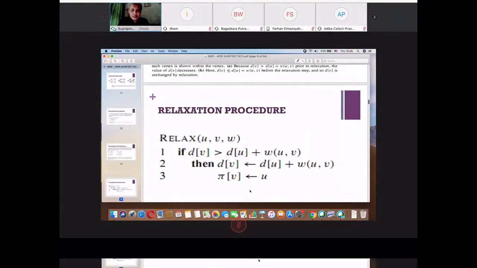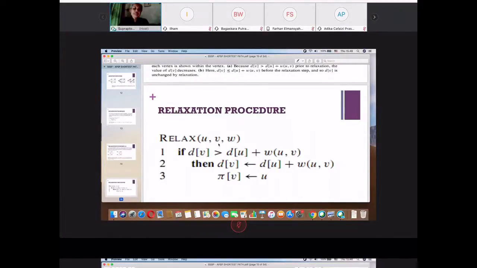And this is the code for the relaxation procedure. The name is relax. There are 3 arguments. The first is the new vertex U. It may be selected as a predecessor of V if necessary, right?